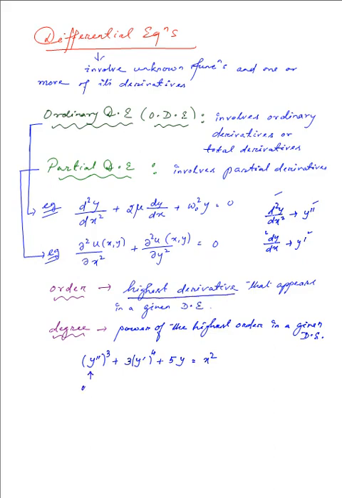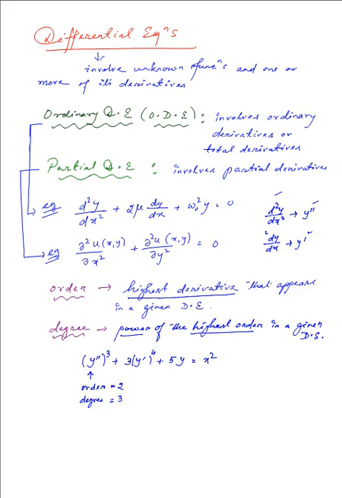So the order is 2. What about the degree? Now the degree is the power of the highest order. The highest order, as we know, is 2, and the power of the highest order gives us the degree, which in this case is 3.